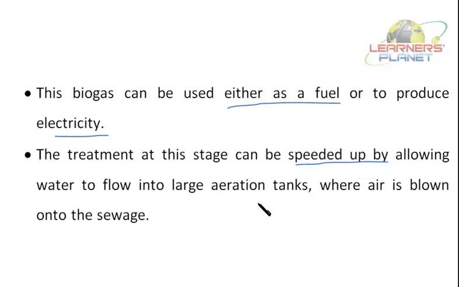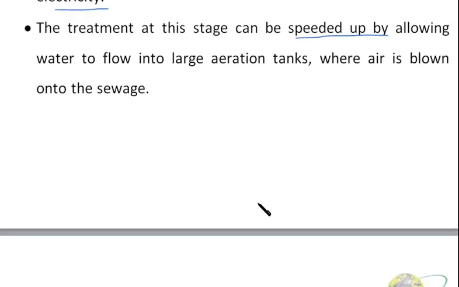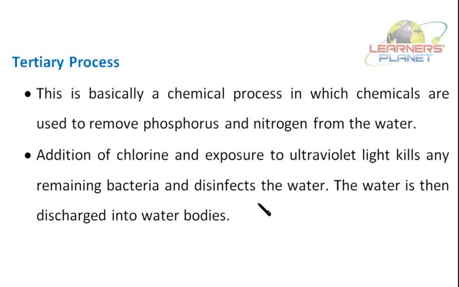And then if some suspended particles still remain, they are carried down to the tertiary process. Now this tertiary process is basically a chemical process in which chemicals are used to remove phosphorus and nitrogen from the water. Now suspended particles have been totally eradicated. They are totally gone.